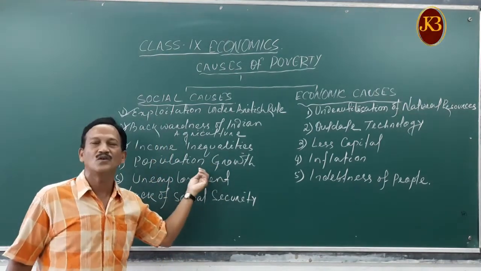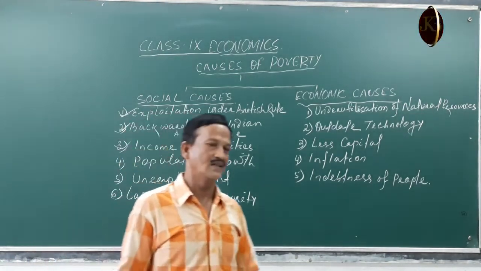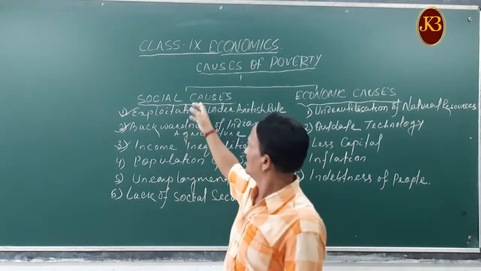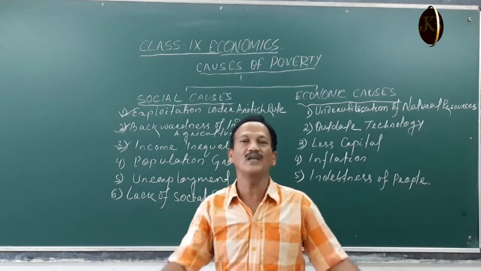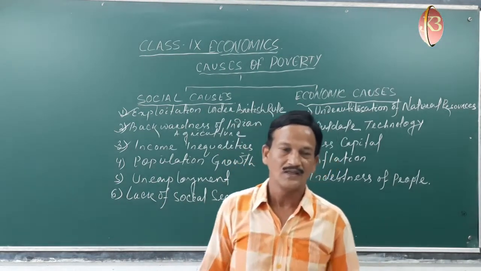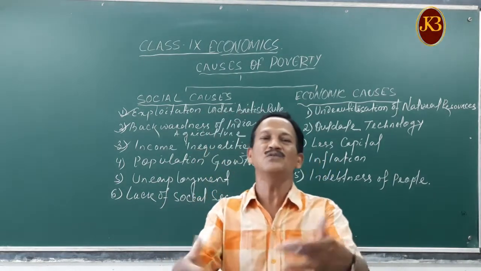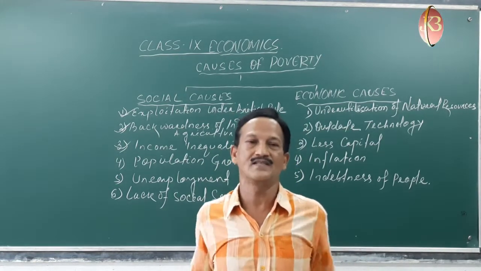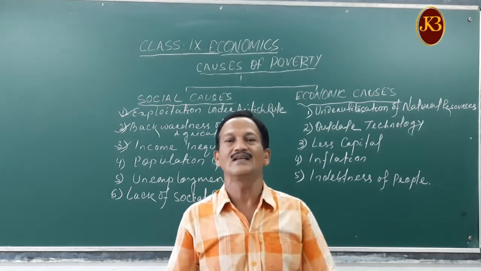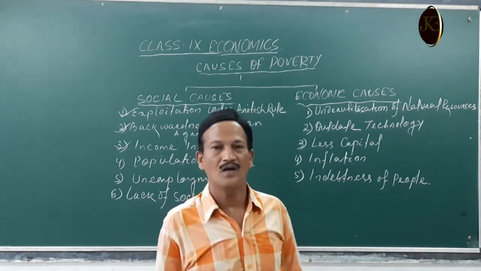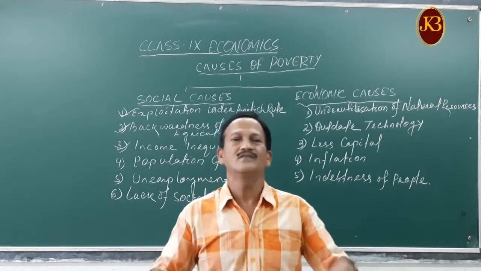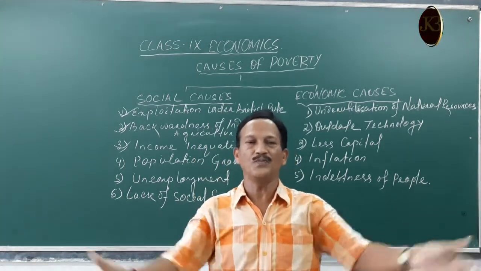Then population growth. It is obviously a major social cause, because people are not aware about their future, that is, their societies. They don't think about the future of their children. They are going for increasing the population.